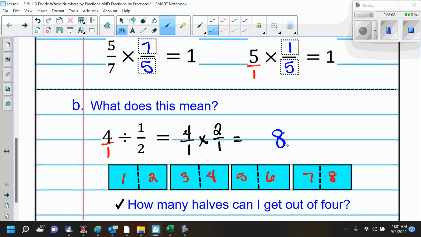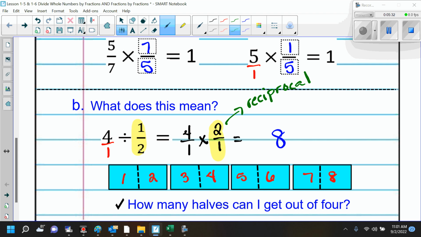Is everybody clear? So what did we just multiply by? We multiplied by 2 over 1, which is what to the 1/2? It's the reciprocal. We just talked about it. So the 2 over 1 is the reciprocal of the 1/2.